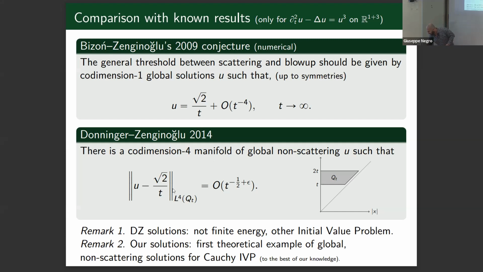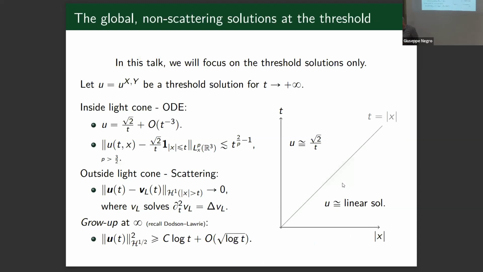And the convergence to this object is a bit different. It's L4 on a region inside the light cone. There must be a bit of space between this Q_t and the light cone. And also the rate of convergence, let me go back to the previous slide. If you do p equals 4, that's exactly -1/2 that you find here. Okay, so that's it.